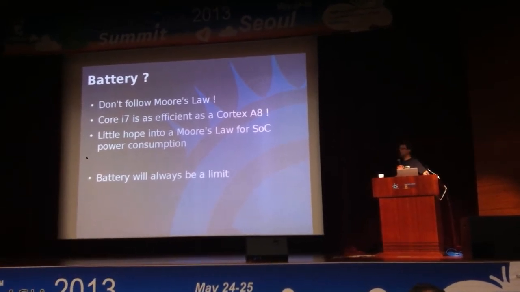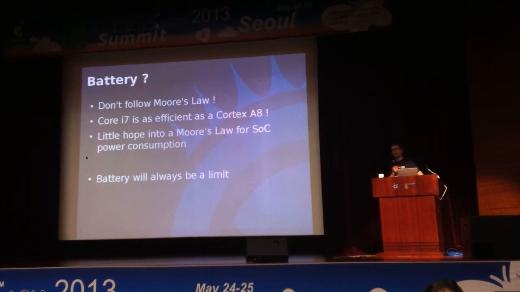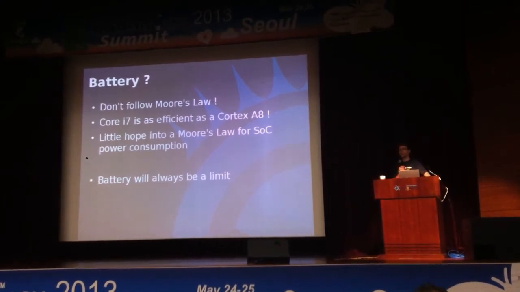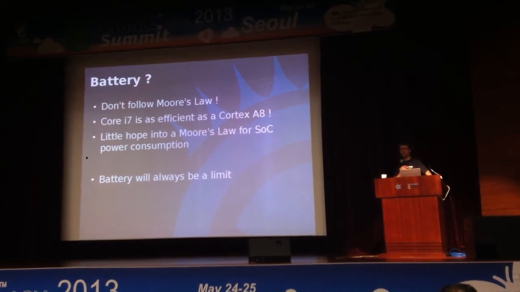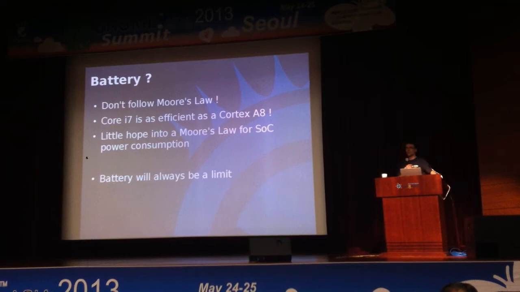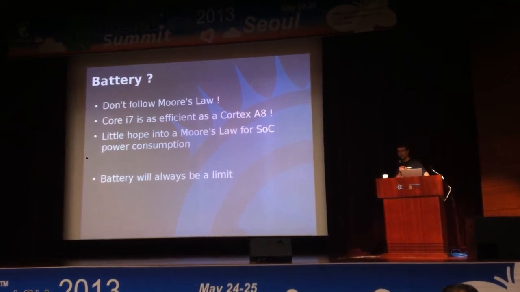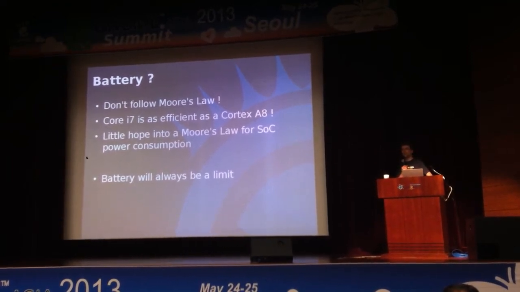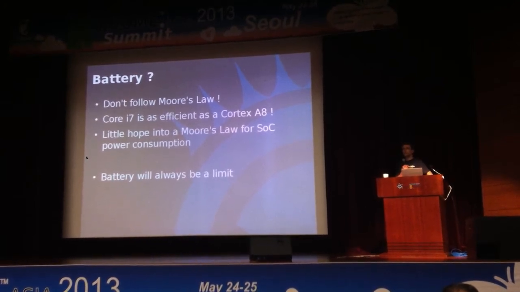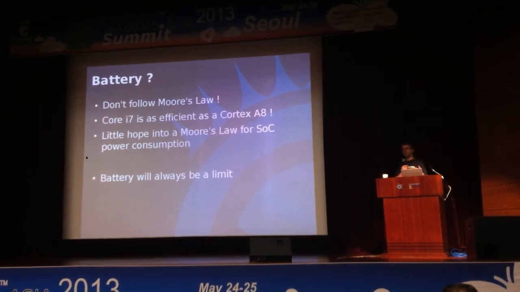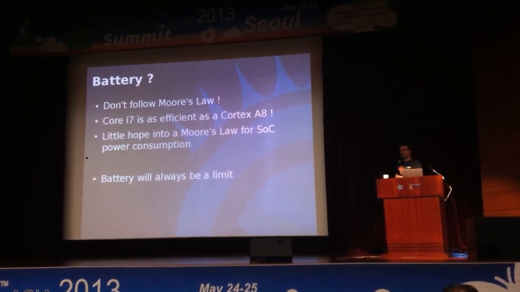And also, there was a study a few weeks ago about the efficiency of the Core i7 and the Cortex A8. Basically, the ARM instruction set is using as much energy as x86 for doing the same task. There is no more win. It gives you the same energy consumption. This is important to remember, because that means that you have no special feature that makes it lighter on the battery.